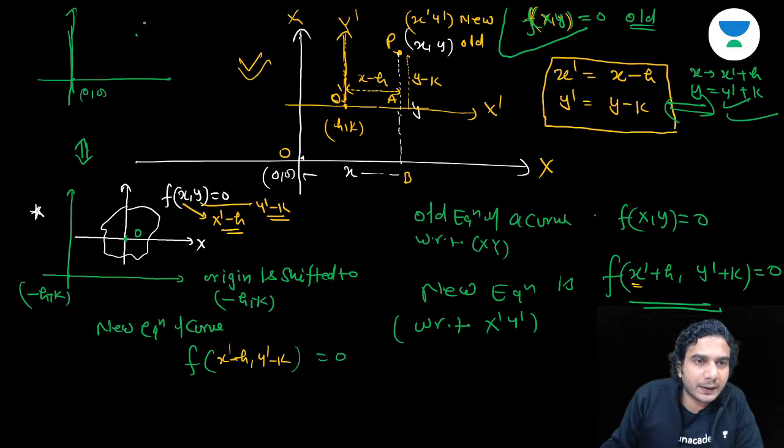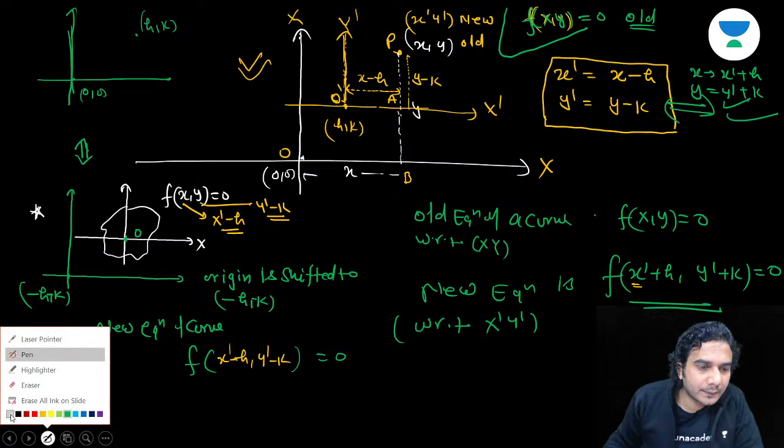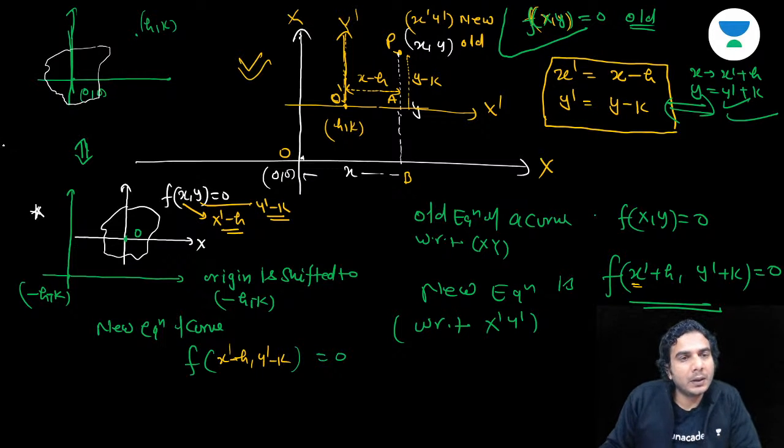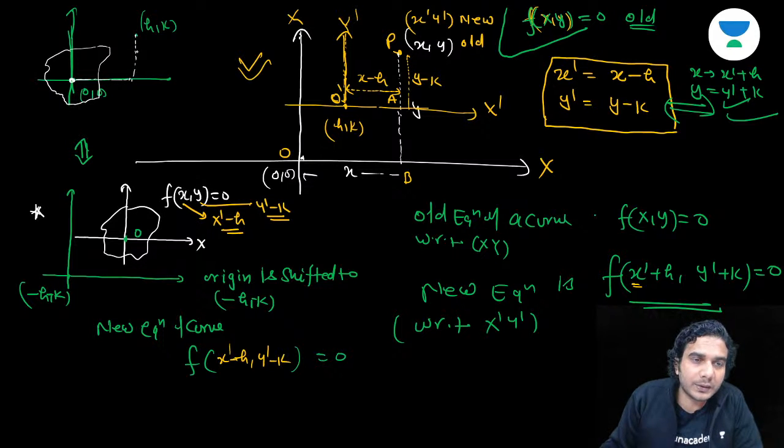And this point is h comma k. And this is the curve. I'm not shifting the origin. I am translating the curve by h units in the positive direction, and k units in the negative direction. So this curve will now be here. This will be the new position of the curve.